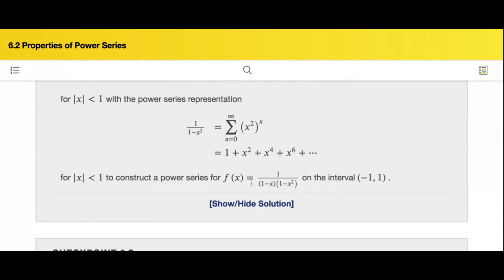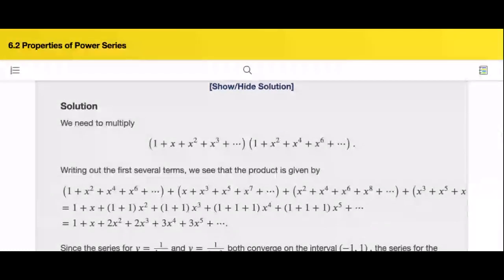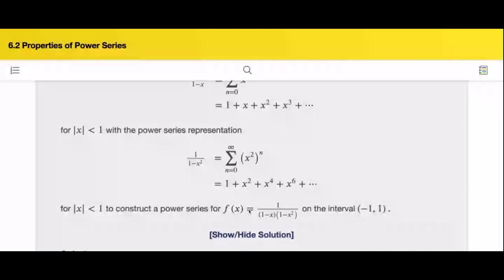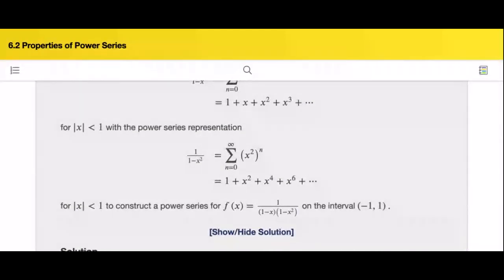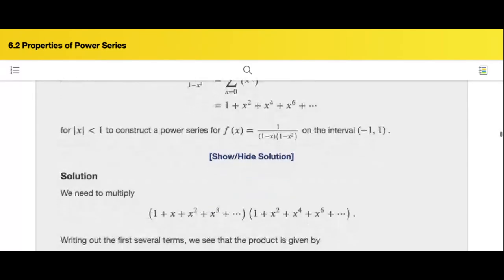We want to construct f of x equals 1 over (1 minus x)(1 minus x squared). Basically, this is the multiplication of 1 over 1 minus x times 1 over 1 minus x squared, so we can multiply those two.